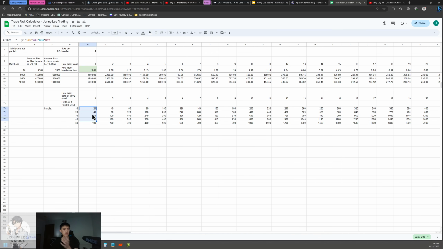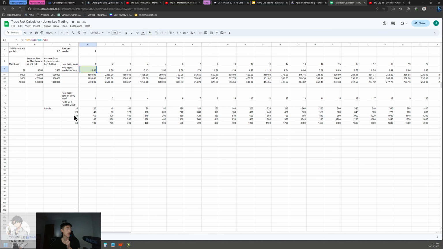So this is where you start to get into those risk to reward calculations. If I am risking one contract up here, I can use one contract and use 12.5 handles in order to hit that $25 of loss for one micro contract. But on the flip side, when we're thinking about the rewards, if I were to sell at 20 handles, that gives me $40 profit.